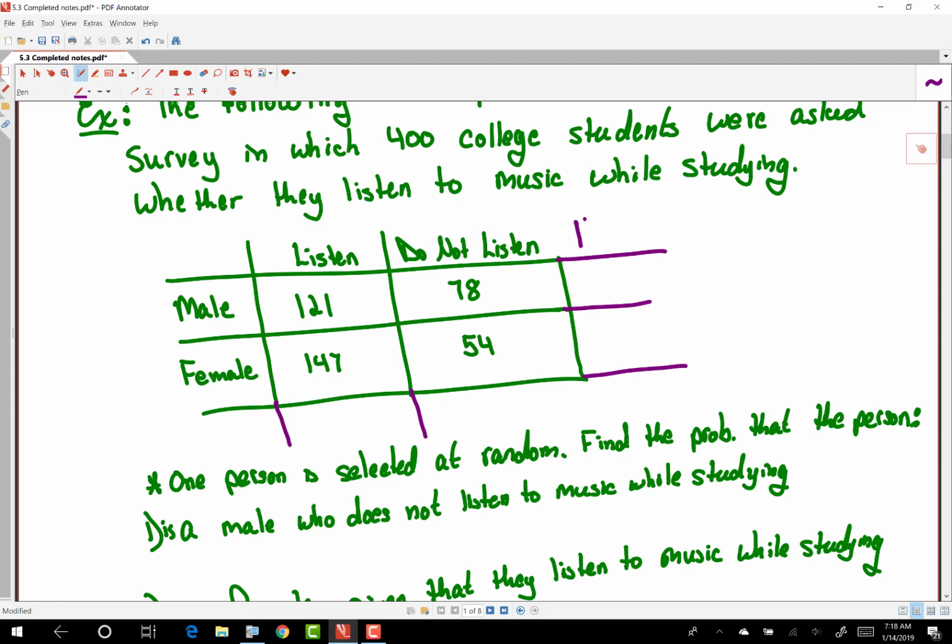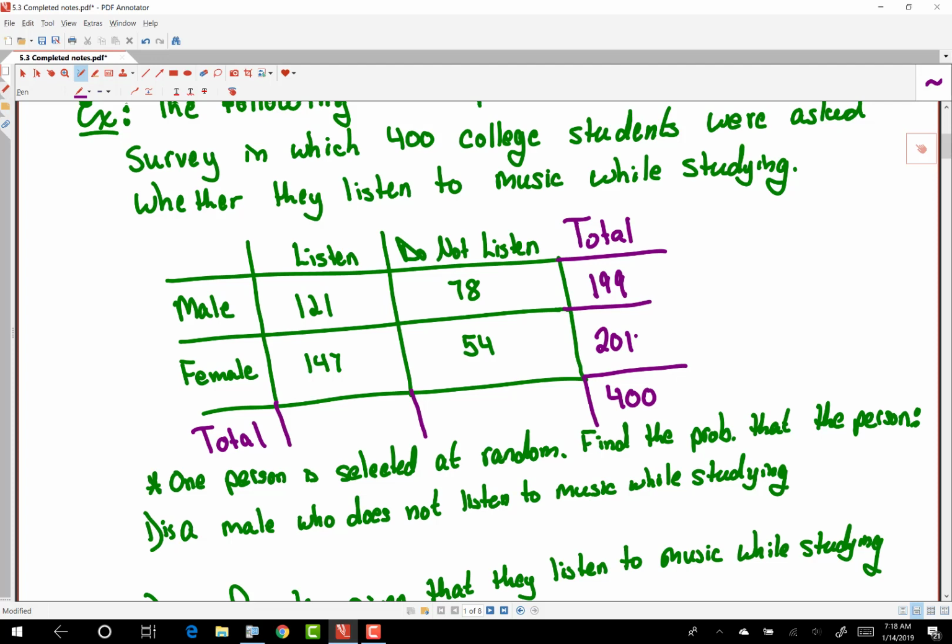So we're going to have some total columns and a total row. And the whole thing should add up to 400 because they tell us that's how many students were surveyed. The total number of males would be 121 plus 78. That's 199. And the total number of females would be 147 plus 54. That's 201.